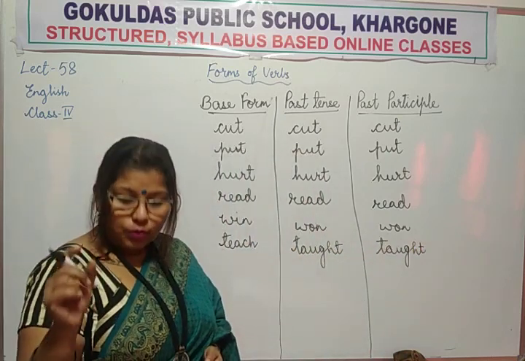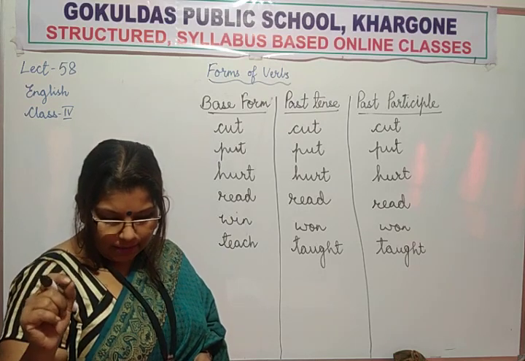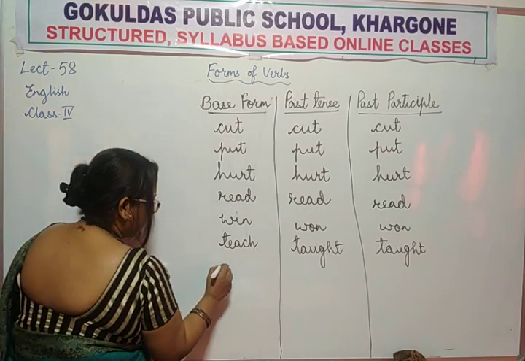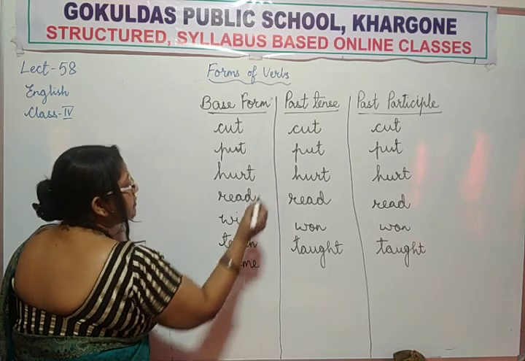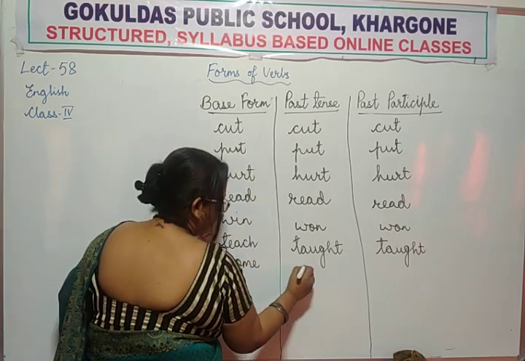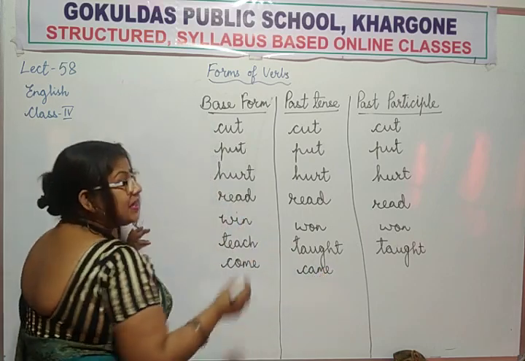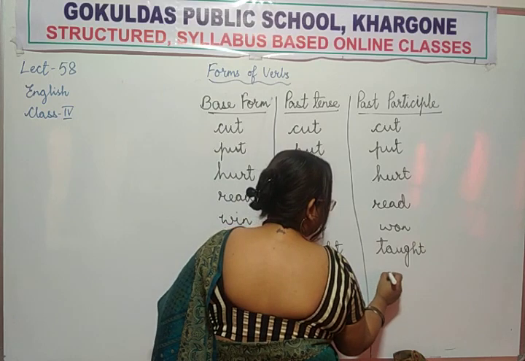Now there are two more examples I will just give you to draw your attention, like come, came and come. See here, come is the base word. Past tense becomes came. But past participle, it becomes come again.